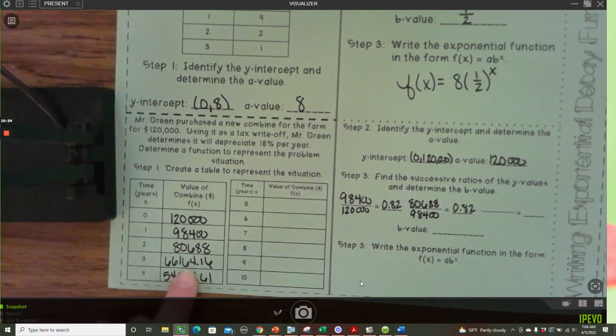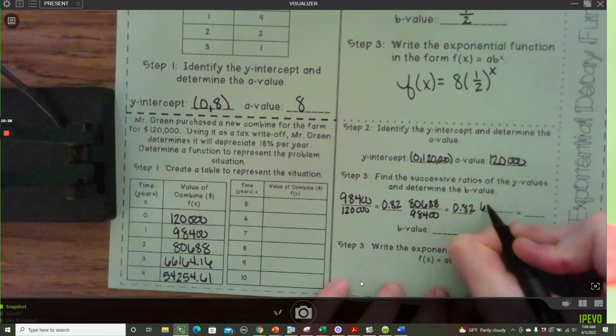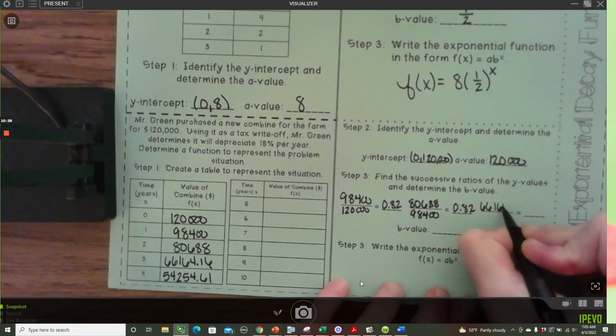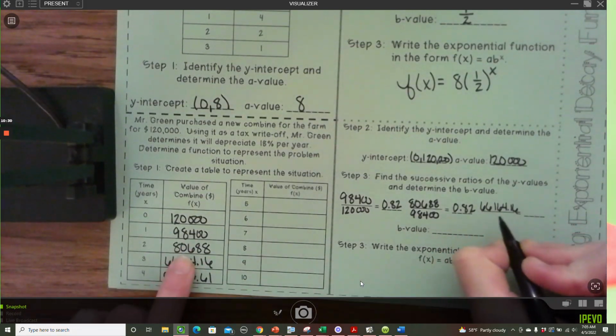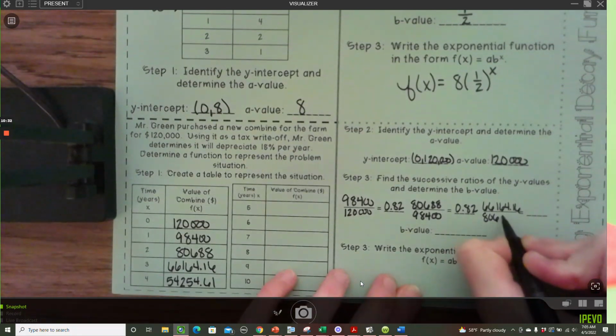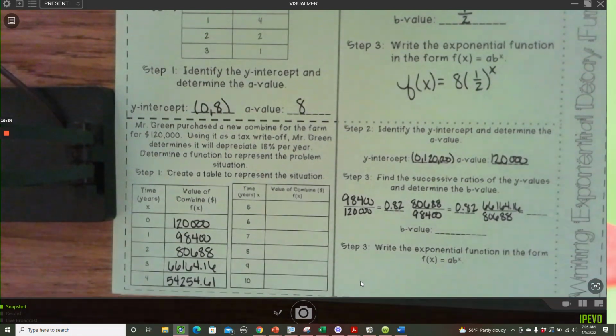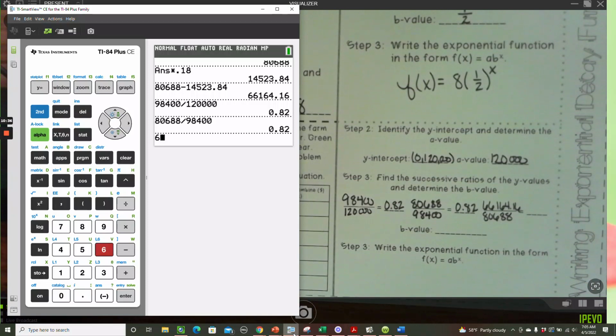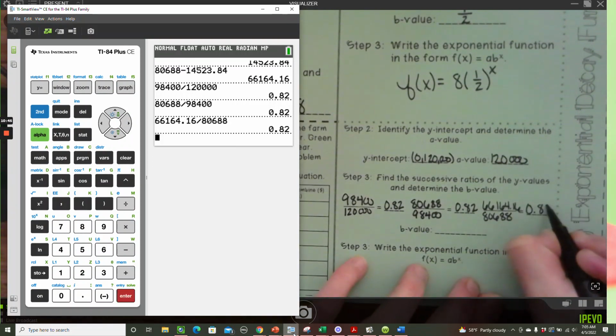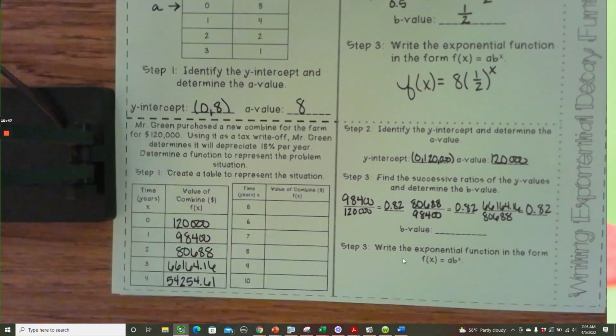So now we have 66,164.16, and that would go over 8688. So 66,164.16. And as you do these, you'll see that you'll have to round off. That's why it's always best to start with your more exact numbers.